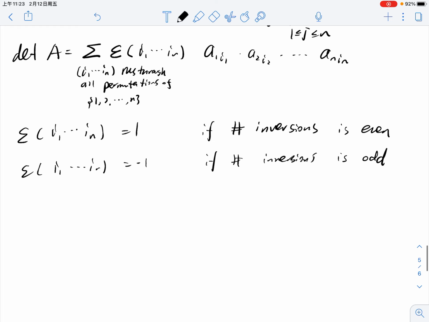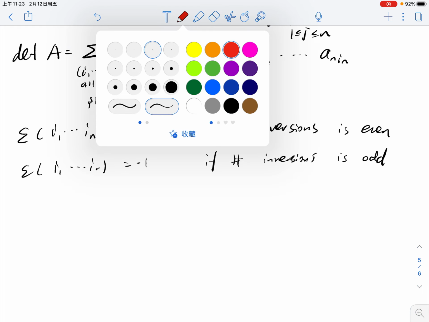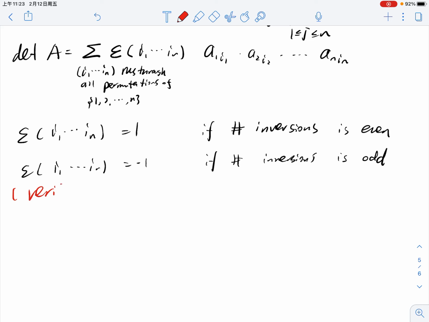Okay, so I leave it to you to verify it for a 3 by 3 matrix. At least do it once for 2 by 2.